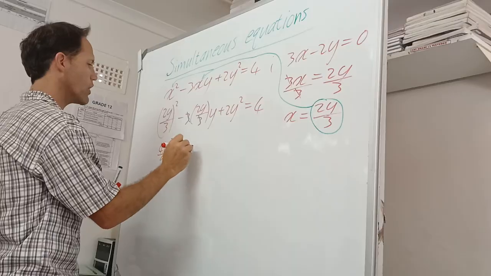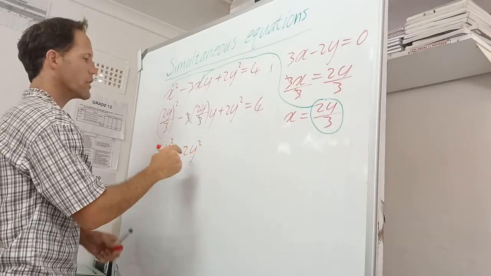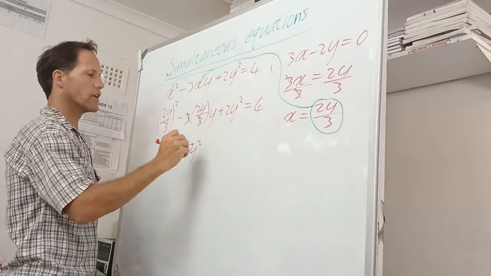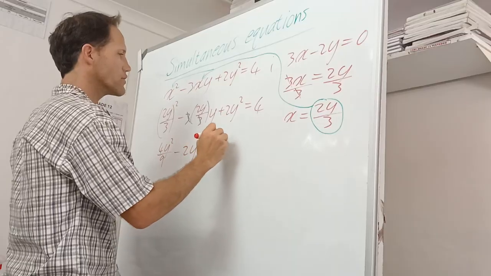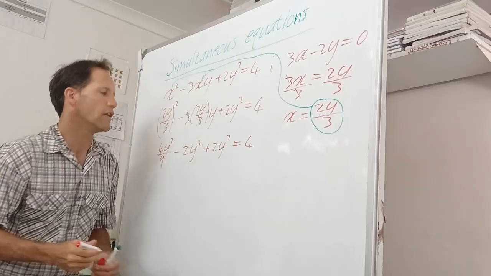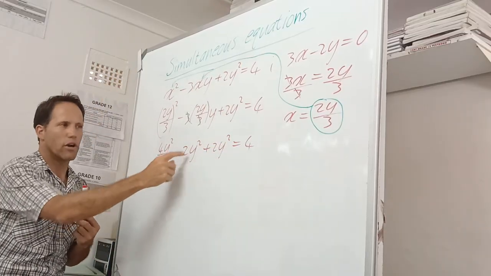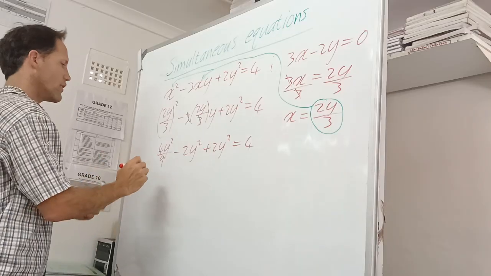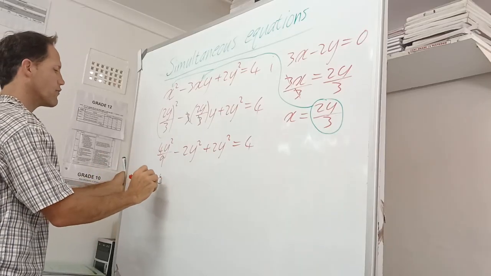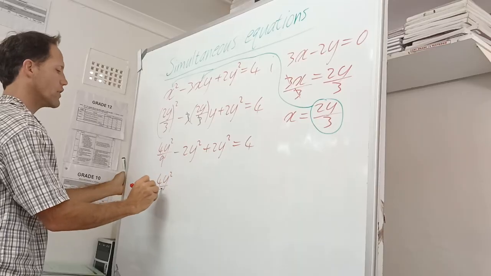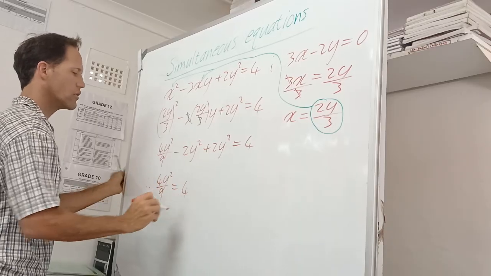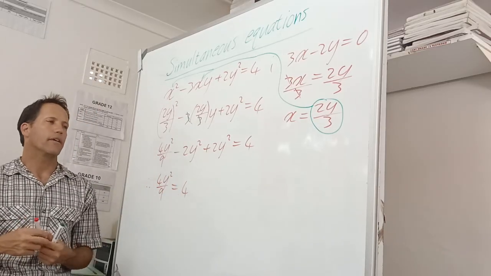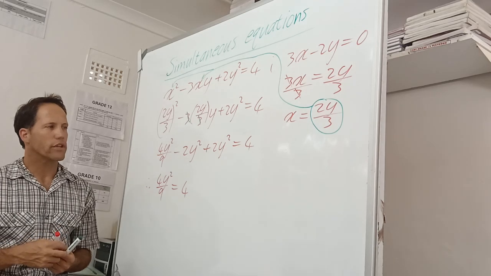Okay, so there was more than one way to do that part, but you're supposed to get negative 2y squared. And then plus 2y squared equal to 4. And then obviously the negative 2y squared and the plus 2y squared is 0. That cancels out. So therefore, we're left with 4y squared over 9 equal to 4. That's all that's left.